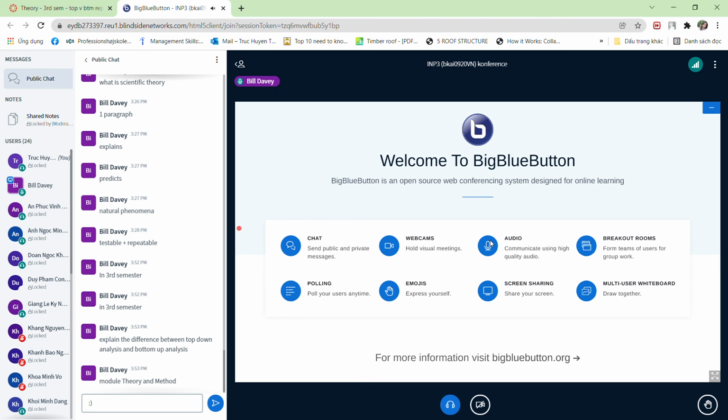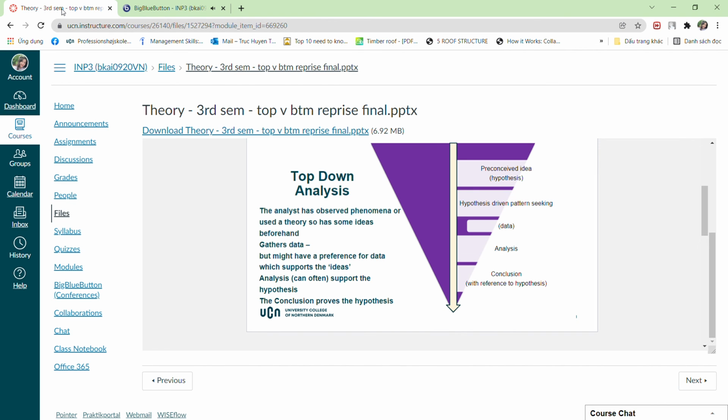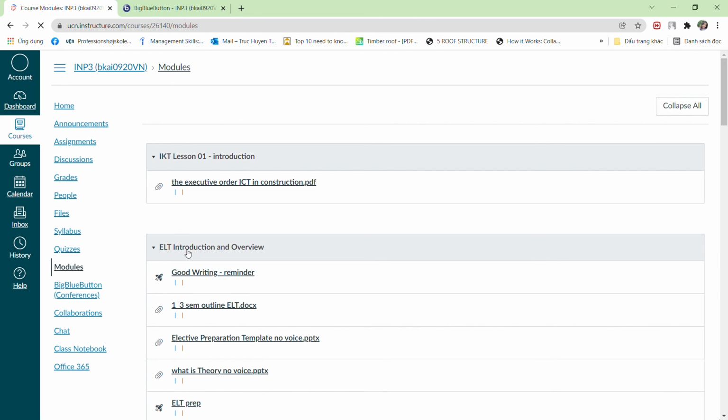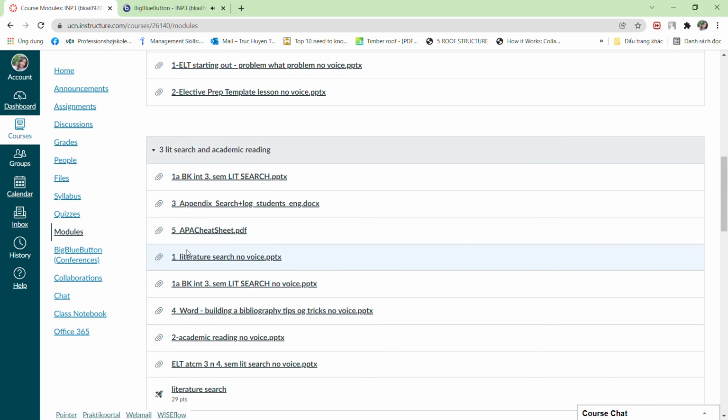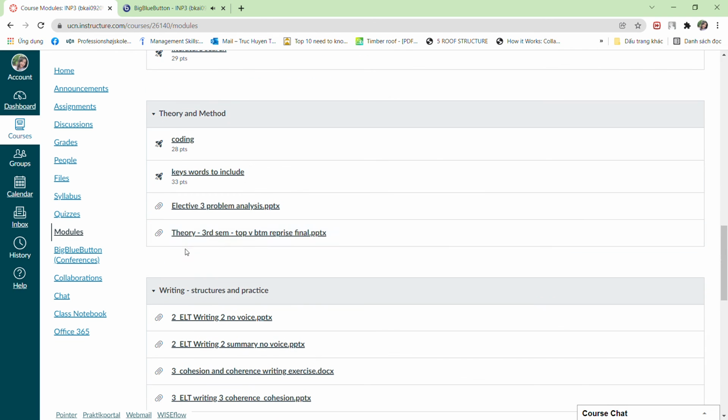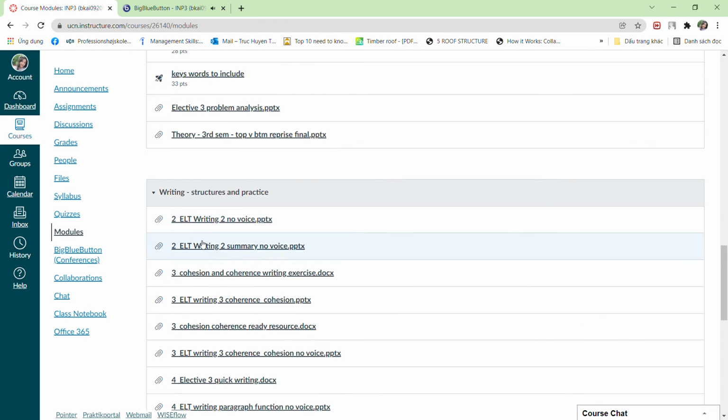If you now go to that module called Theory and Method, you will find that there's a questionnaire there. And the questionnaire contains the key words you need to mention.